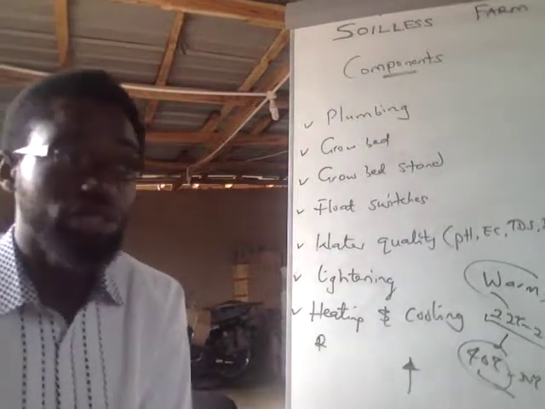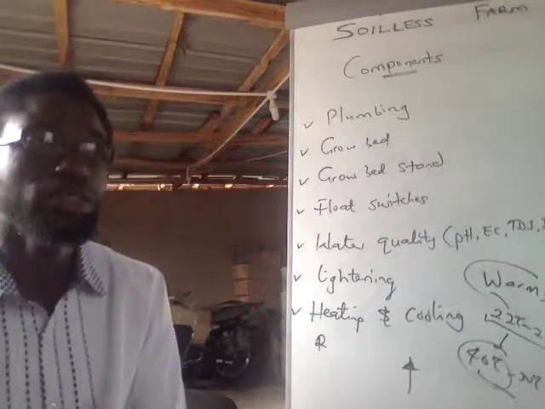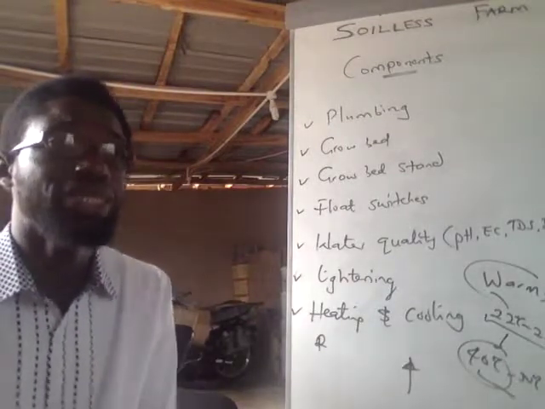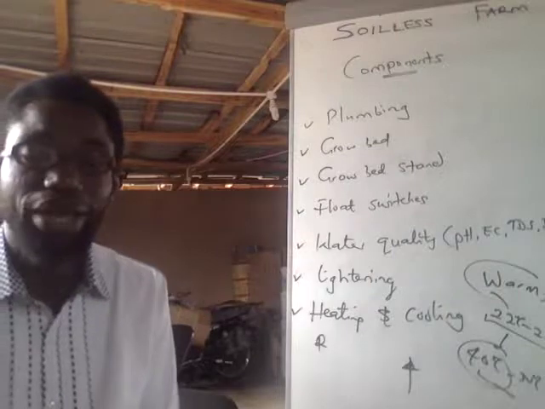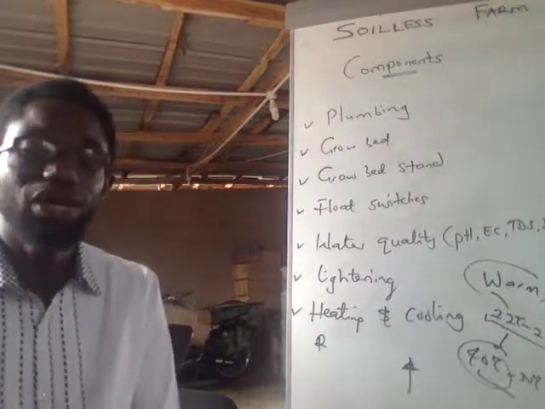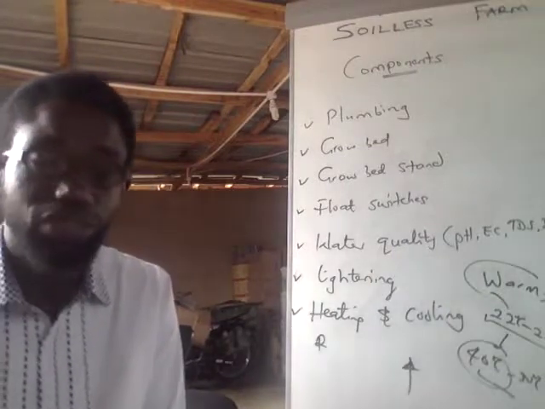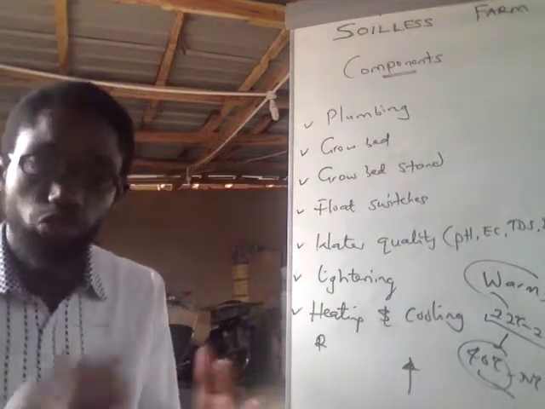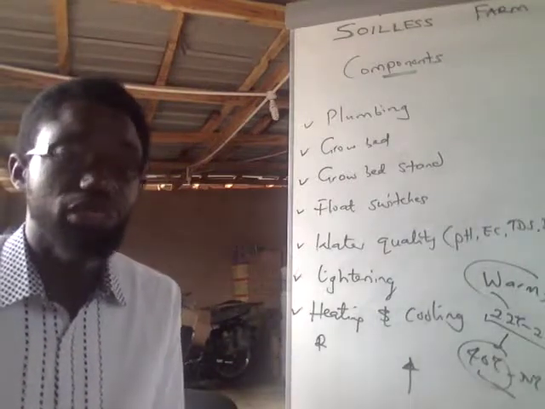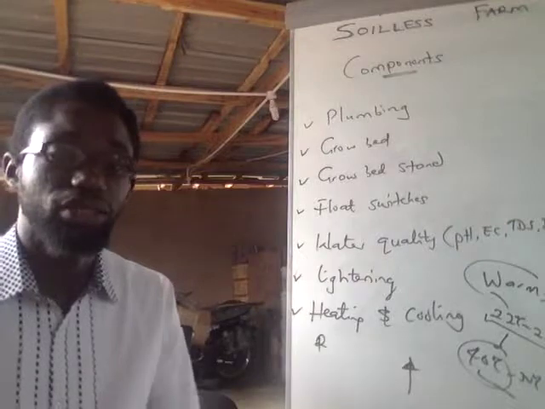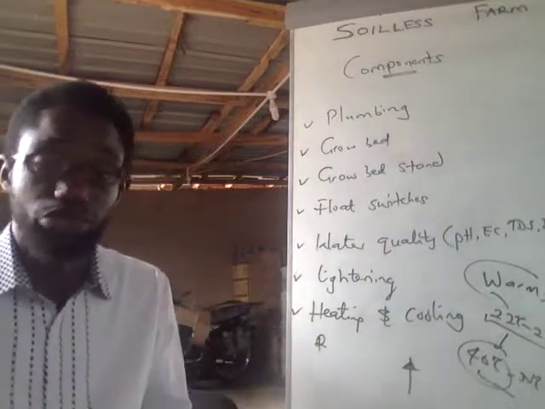So when you are building your fish pond, it is important, especially if you are going commercial, to understand the temperature of where you are going. Do I need to have a cooling system in place just in case? Take for instance this farm where I am right now, somewhere in Ogun State.